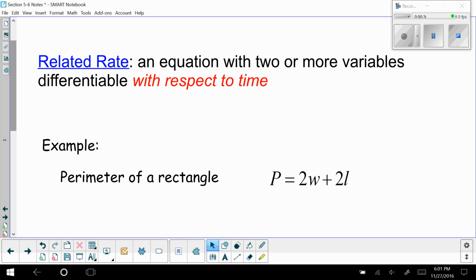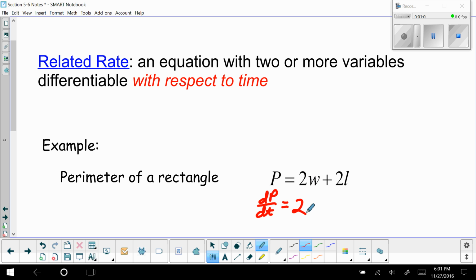So for example, if we look at perimeter of a rectangle, we say that the width and length are changing, and we want to see the rate at which the perimeter changes as the width and length do. We start with an equation for perimeter, and then we do our implicit differentiation with respect to time. So derivative of P would be 1, but that's not time, so I need dP/dt, derivative of P with respect to time.